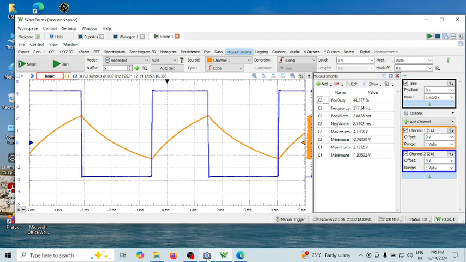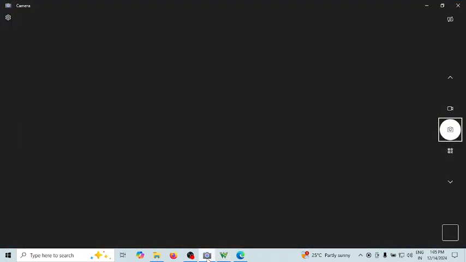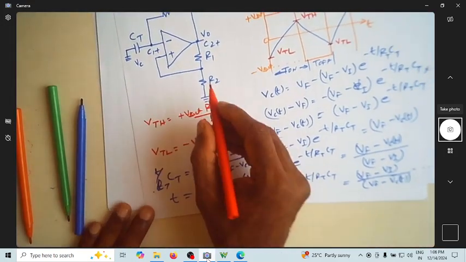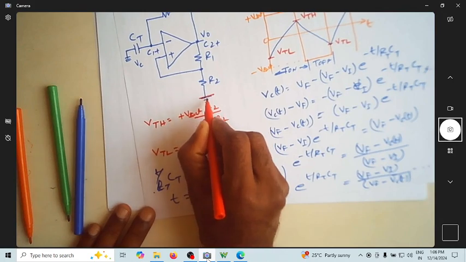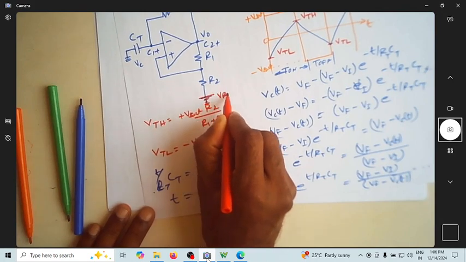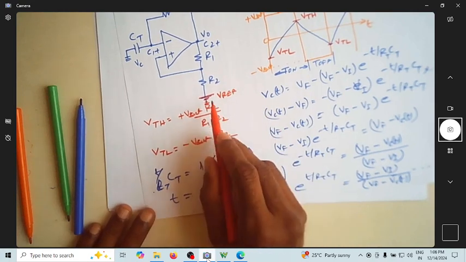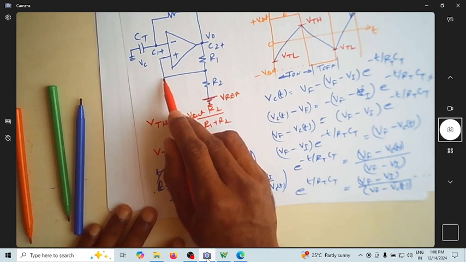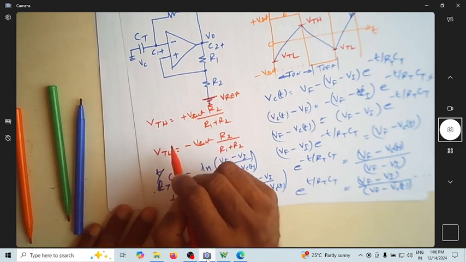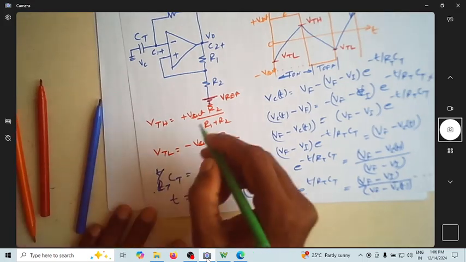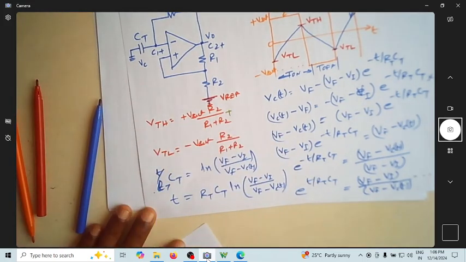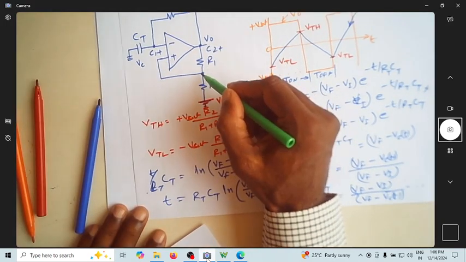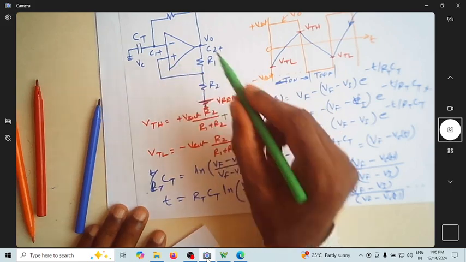Instead of grounding this R2, I will connect a V reference. The voltage at this point, V plus, which is either VTH or VTL, will have another term due to this V reference, which contributes to the voltage at the non-inverting terminal.